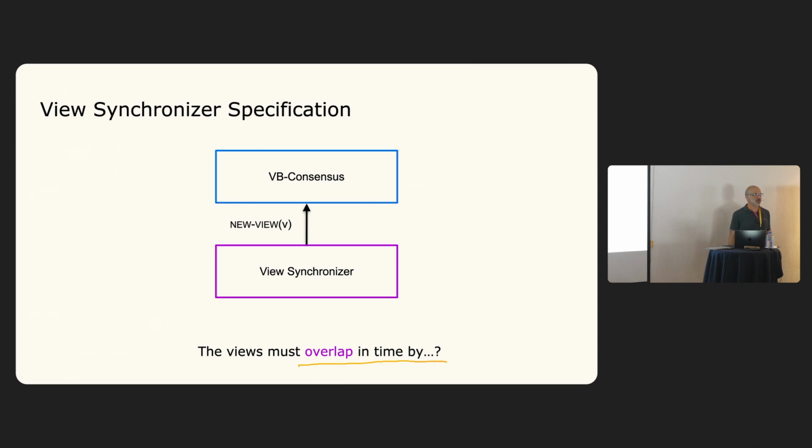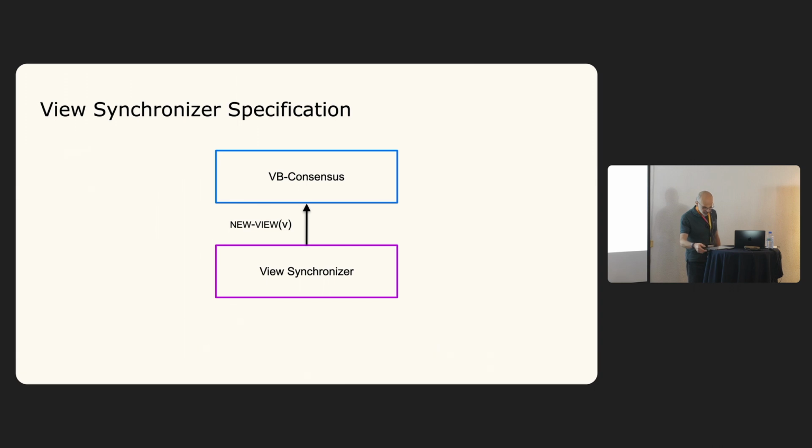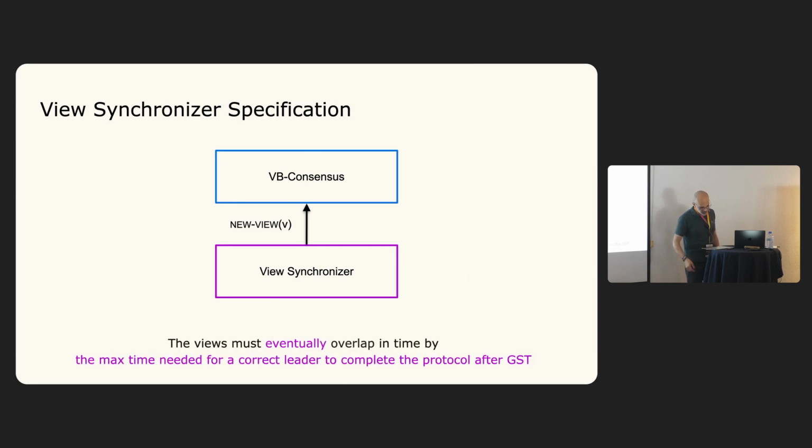Well, but I need to be able to complete the entire protocol. I think it's more, but you're right, you are going in the right direction. So views must eventually overlap in time by the maximum time needed for a correct leader to complete the protocol after GST. So this is what we need.